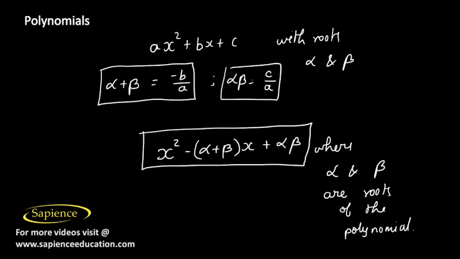So if we have a known polynomial, we can find the sum and product of the zeros based on the formulas minus b by a and c by a. And if we do not have the polynomial but we know the roots, then we can add the roots, multiply the roots, substitute the values, and build the polynomial by ourselves. So these formulas are very useful.